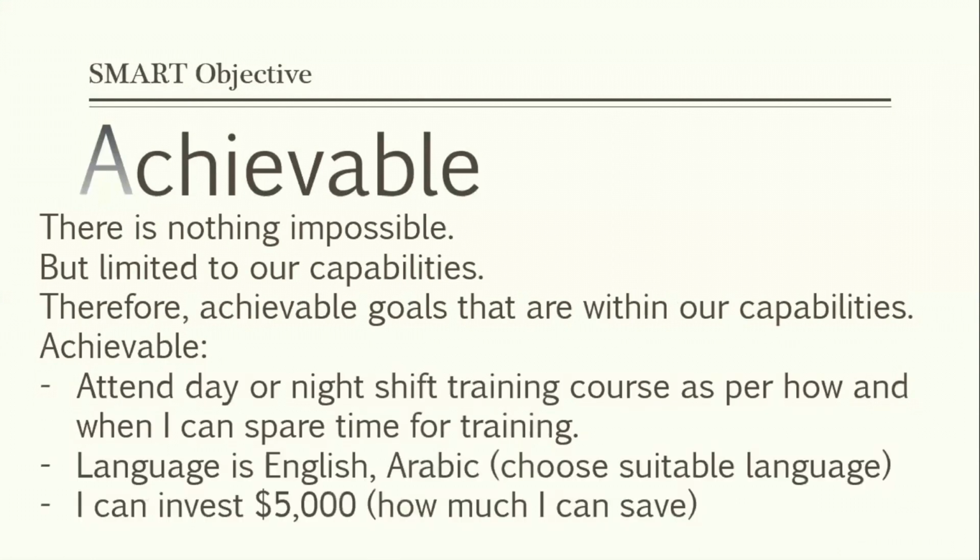You have to see where you can or how you can spare time for the training. Select a language, Arabic or English or any other language, and how much money I can invest. So most of the time you'll see that achievable is related to the time that I can offer, the knowledge that I have, as well as the money that I can invest or spare or save.